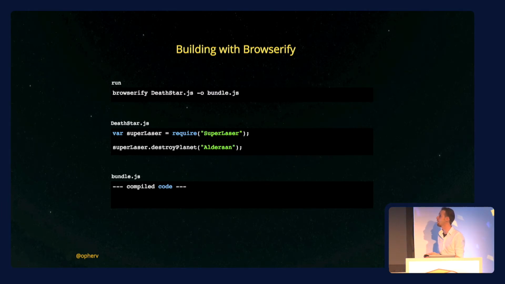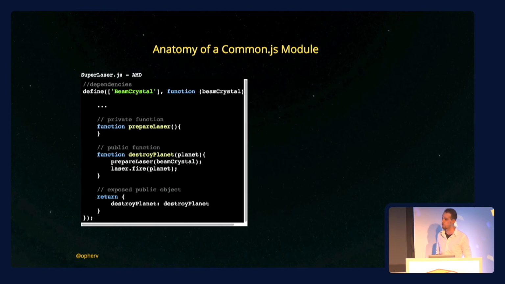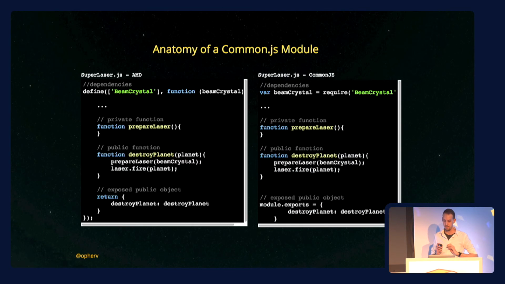So Browserify works with CommonJS. Let's contrast this with AMD, which we saw earlier. CommonJS is the way that Node uses modules, which is a different syntax for doing the exact same thing. So instead of define, we don't have that. For dependencies, instead of the callback function, we have the require.